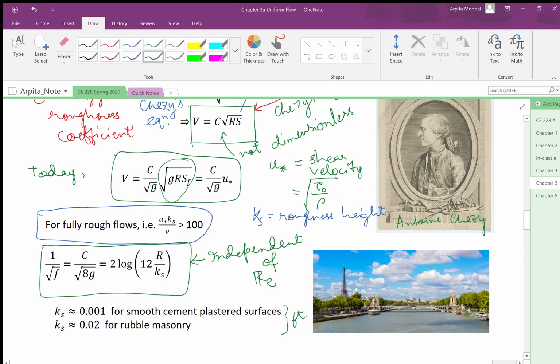So we see here that even if we make a large error in estimating Ks, we would end up in only small errors in the value of the Chezy's coefficient because of this logarithmic relationship.